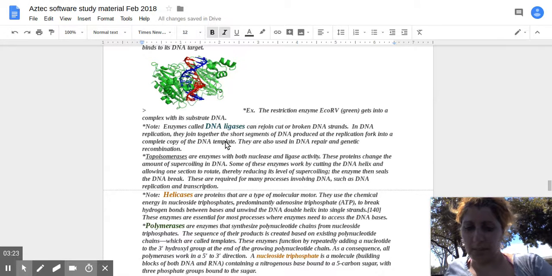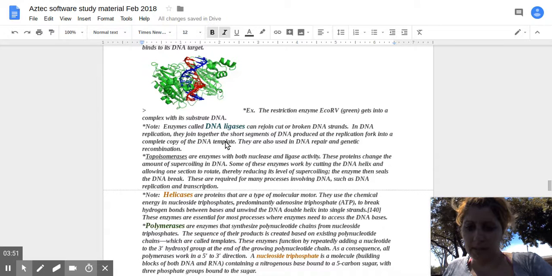Topoisomerases are enzymes or proteins that have both nuclease and ligase activity. These proteins change the amount of supercoiling in DNA, so they control its organization. Some of these enzymes work by cutting the DNA helix and allowing one section to rotate, thereby reducing its level of supercoiling.